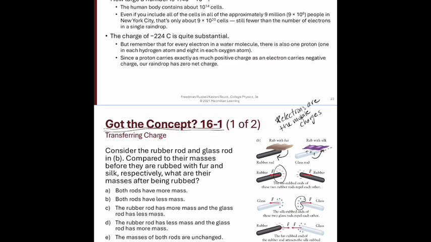But anyway, what I'm trying to tell you is that these plus signs here are not protons. They are not positive charges. They are the absence of negative charges. And so glass is now missing some massive electrons and therefore has lost mass. So the rubber rod has more, glass has less, and that's C.